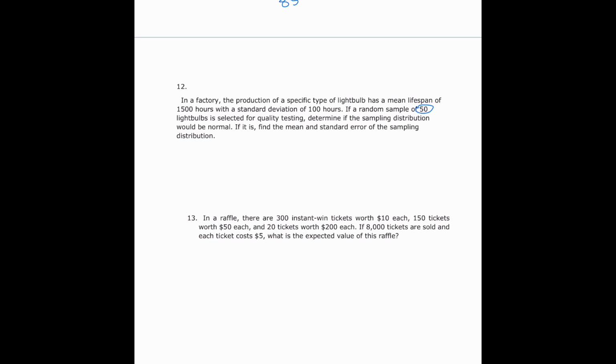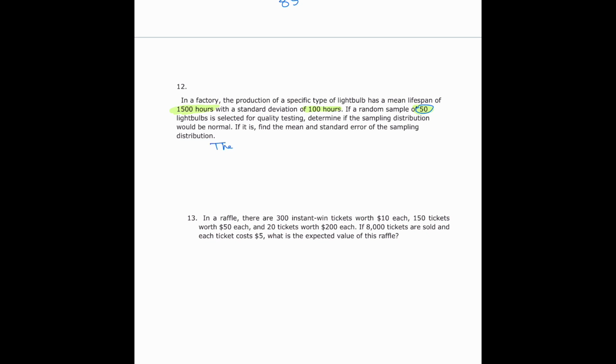So this is a normal distribution. However, I have a sample of that normal distribution. So because of that fact, I know this is the distribution of sample means. When we are dealing with the distribution of sample means, the distribution is going to be normal as long as your sample is greater than 30.